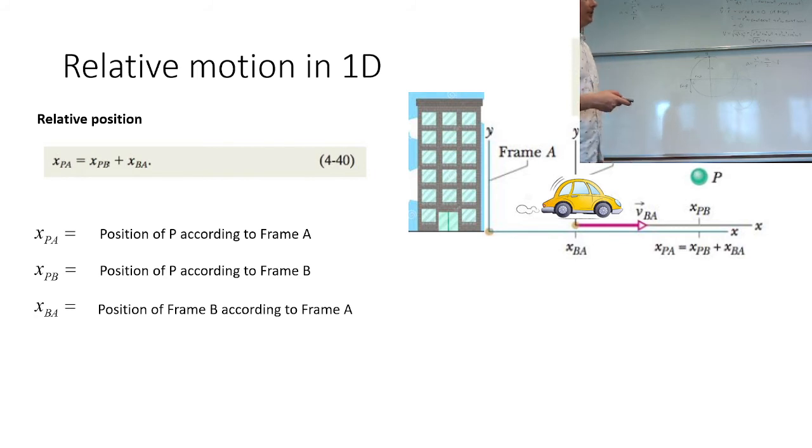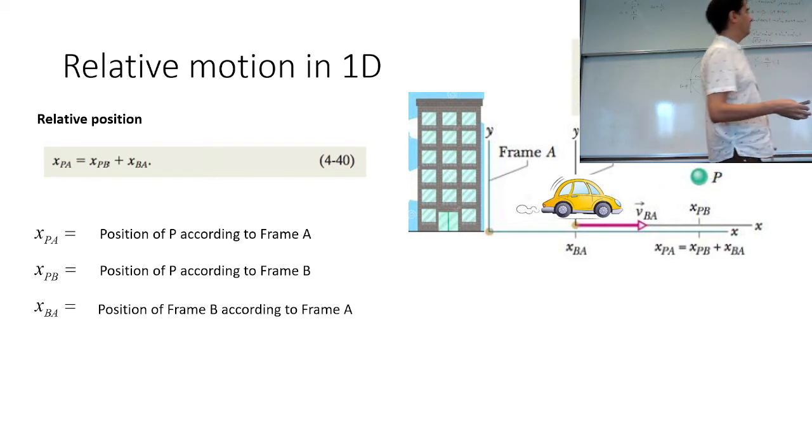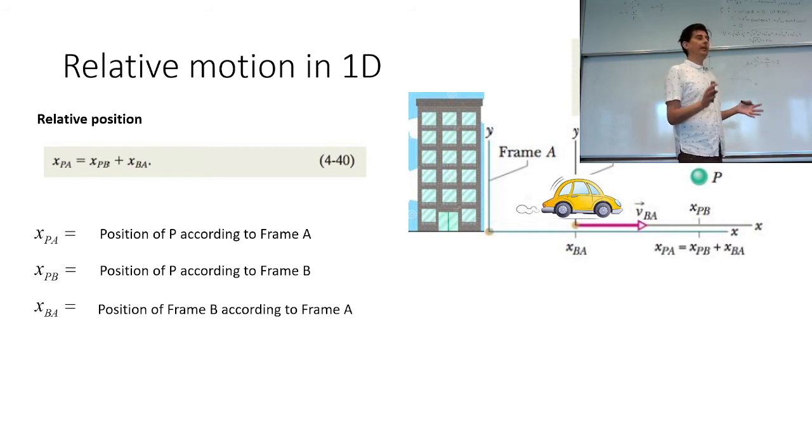So firstly, what are we talking about? We're basically talking about some object. So this is the object in question, some ball which we label by P, and there are two frames of reference.